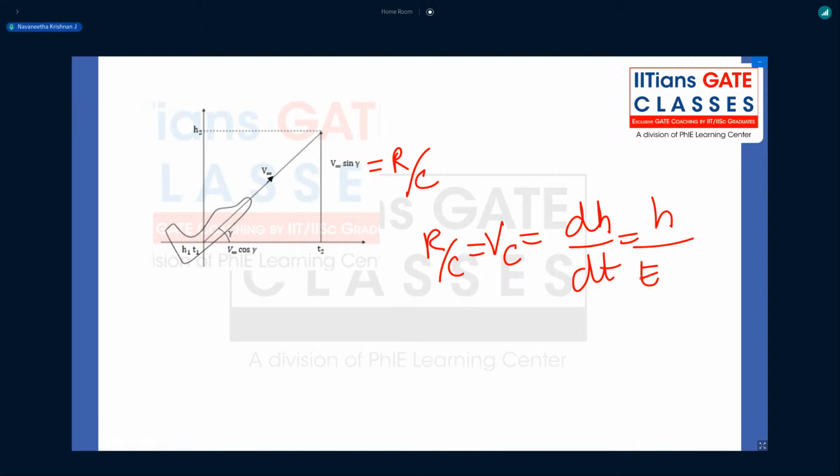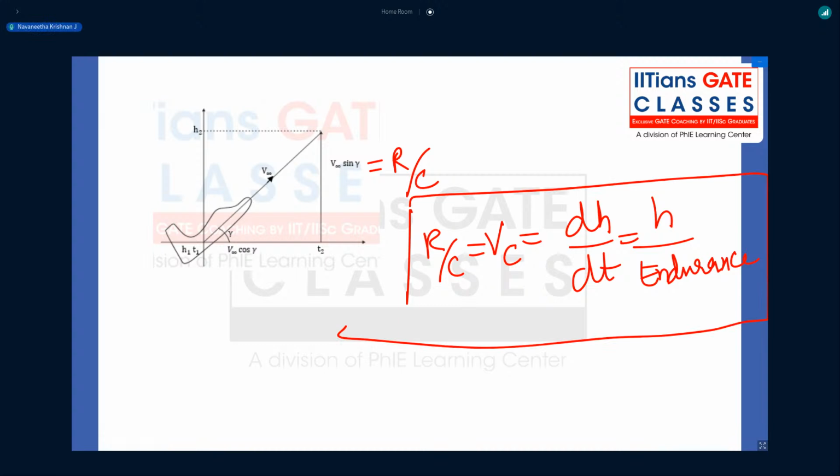The total time we can call endurance. So rate of climb is nothing but h by endurance. Endurance is nothing but the time of flight during climb here. Okay. Any doubt?